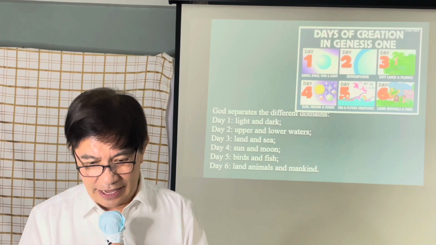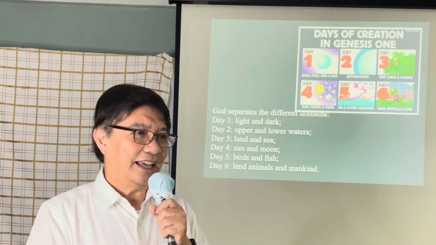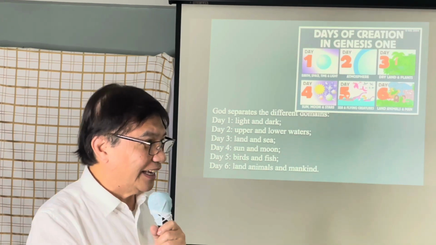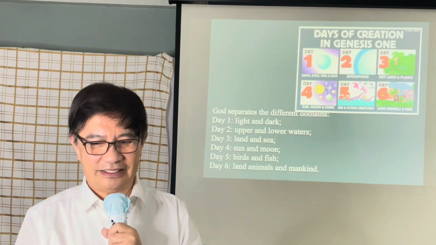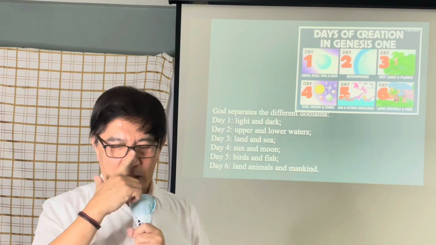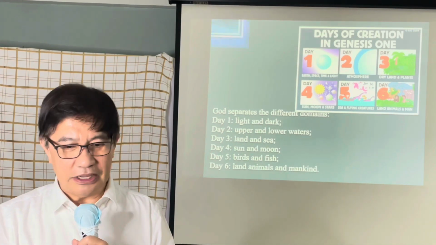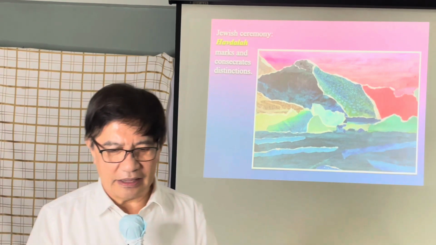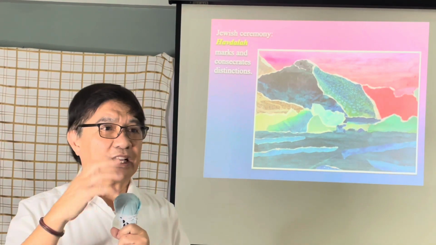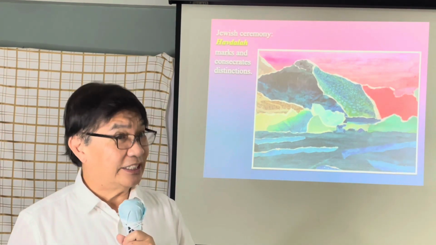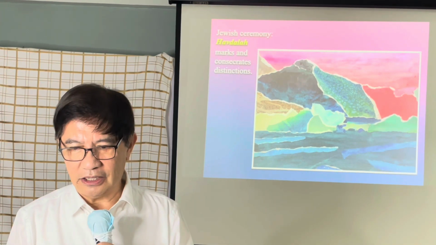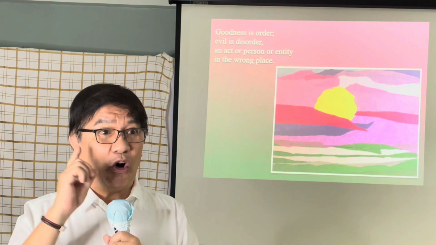And on the 6th day, land animals and humankind. Very clear distinction. And it is narrated that way. So, in fact, there's a Jewish ceremony called Havdalah, which marks and consecrates precisely these distinctions and boundaries. Havdalah. Okay. Goodness is order.